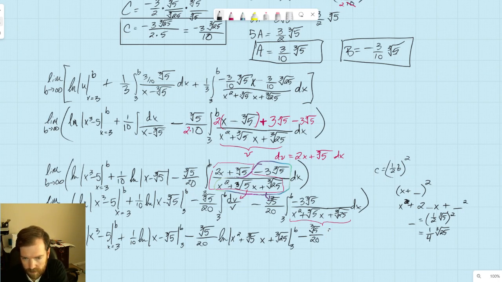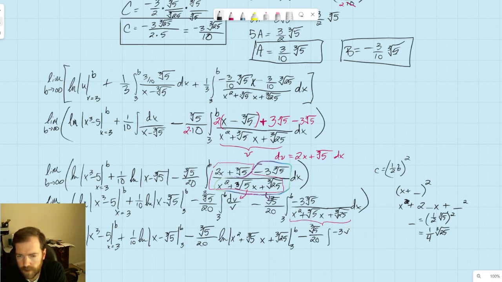We've got now an integral. I'll leave it where it is right now.